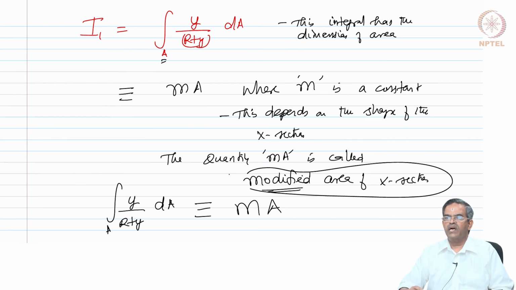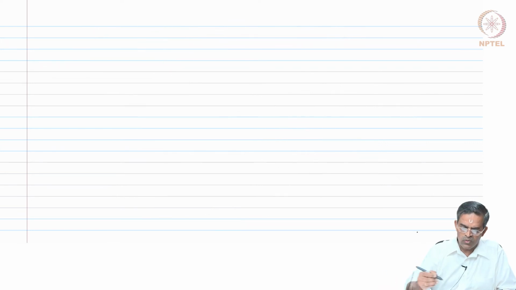So, M should be arrived at for various possible cross sections that can be used in curved beams. That is a geometric property. We will do some illustrative examples to work out M for different cross sections. Having said this, now let us look into the second integral.